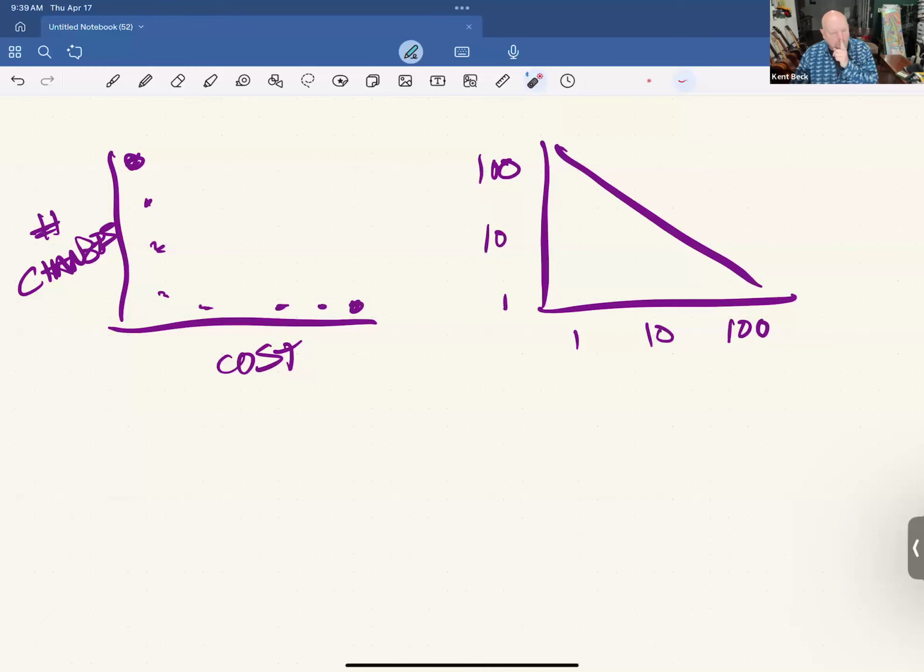So what makes this magic to me is if we have a power law distribution, you can't change the fact that you have a power law distribution because, and I'll get to the because in a second. We can't change the fact. What we can do is have some influence over the slope of this.